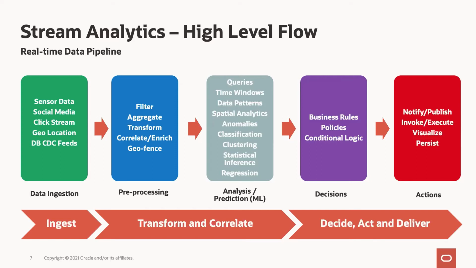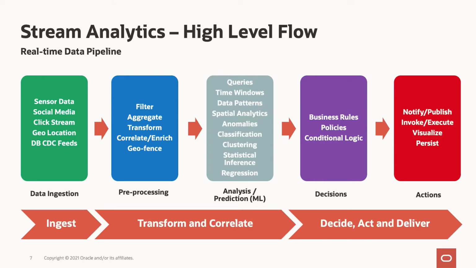Once that data is ready for processing, it can be sent through the next stage, which is the analysis or prediction stage, where you run the data patterns or window patterns or machine learning models. Once the data is processed, the next stage is to review or analyze that in terms of the business rules, which we call the decision stage, where your business rules, policies, and logic are applied.